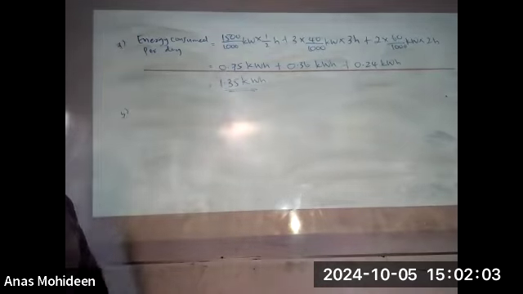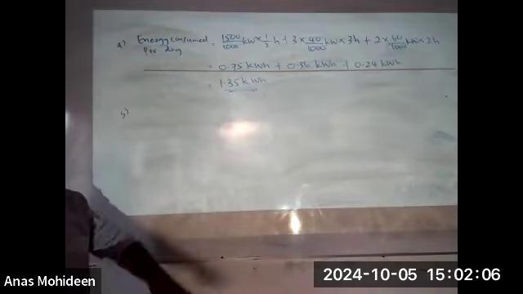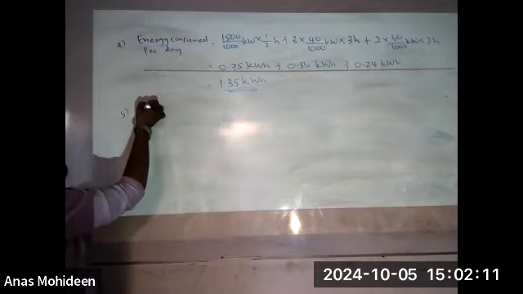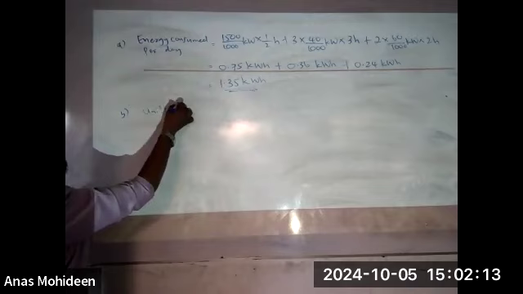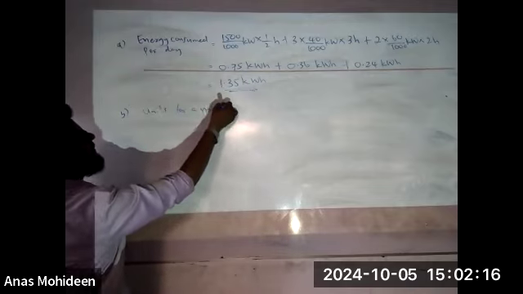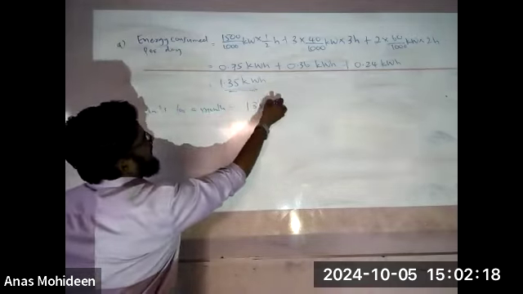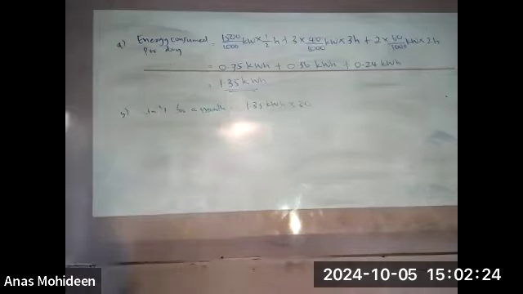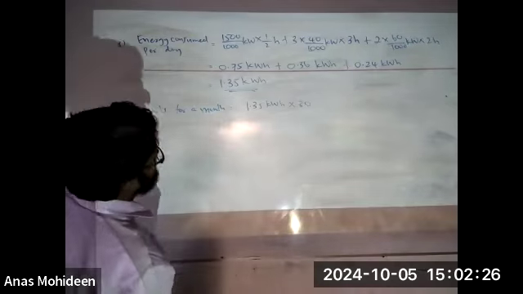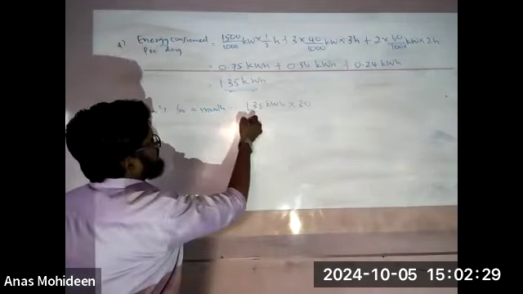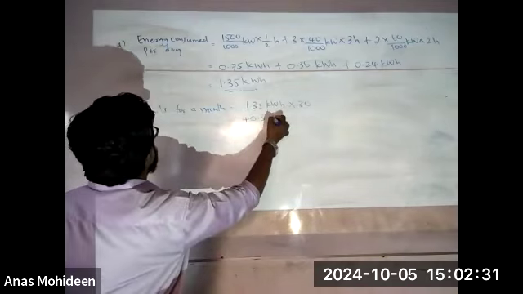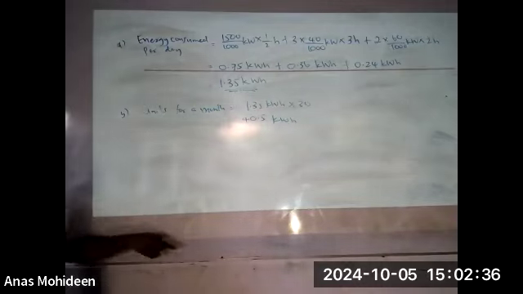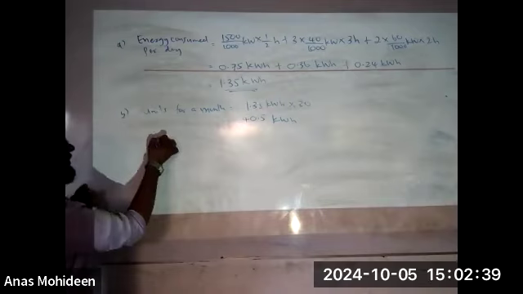What's B? If electricity is charged according to the rates given in question 6C, what should be the monthly electricity bill? First, we want to find the monthly units. That is 1.35 into 30, which is 40.5 kilowatt hours. Now we want to find the total bill.